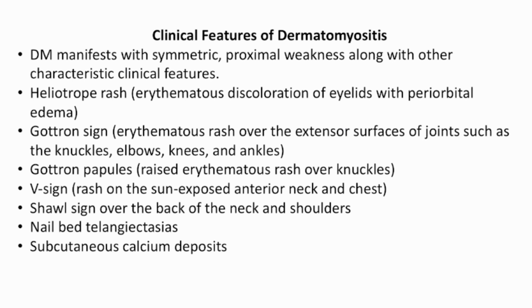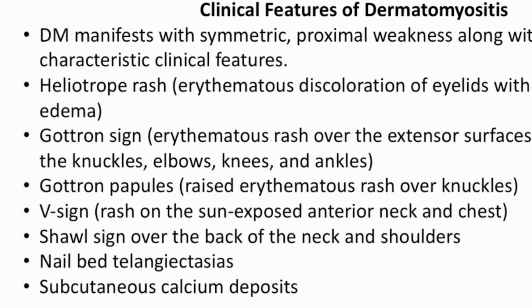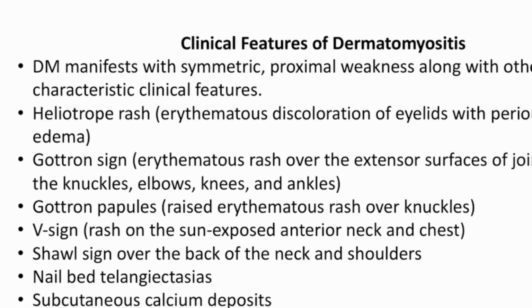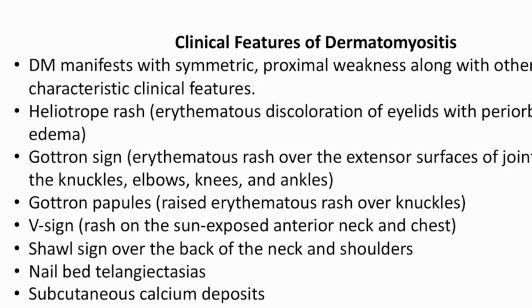First of all, we will be discussing the clinical features of dermatomyositis. Very important. We will be discussing with the help of images also, but as far as mugging up is concerned, I think it is very important to learn the names of the signs. So first of all, dermatomyositis is a symmetric and proximal myopathy.